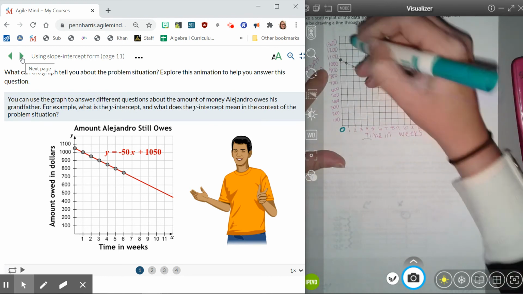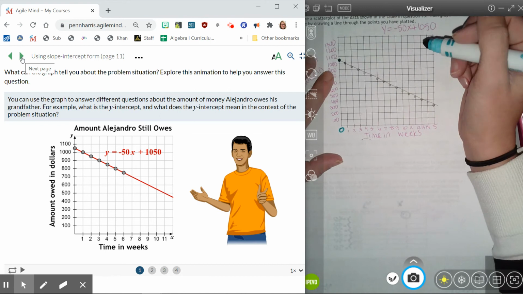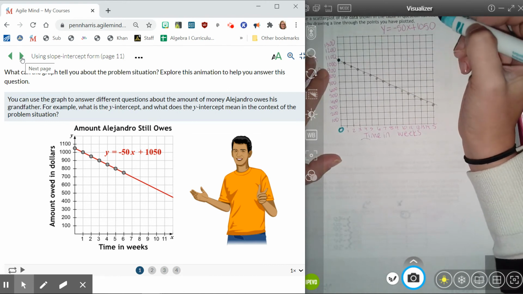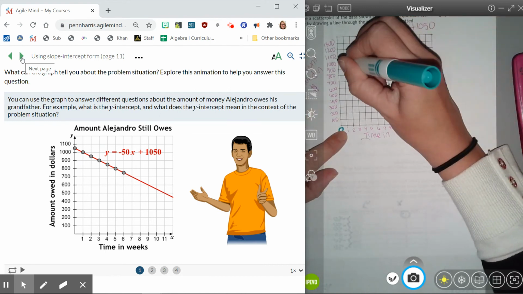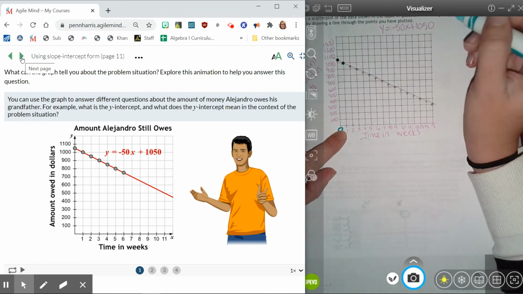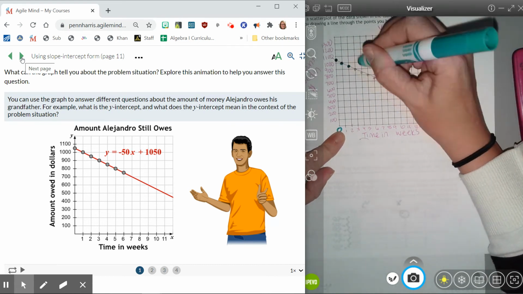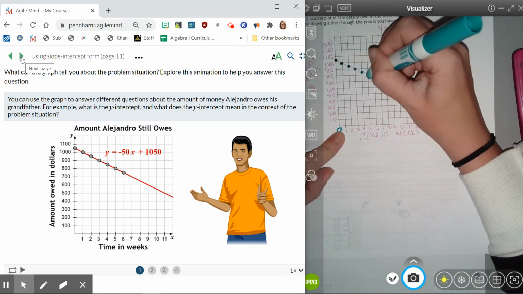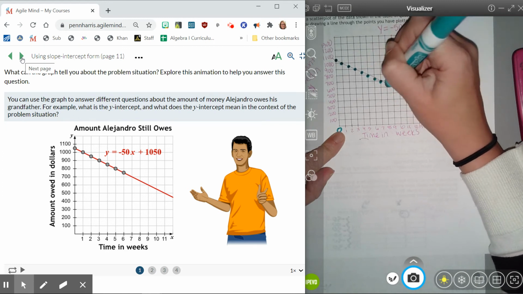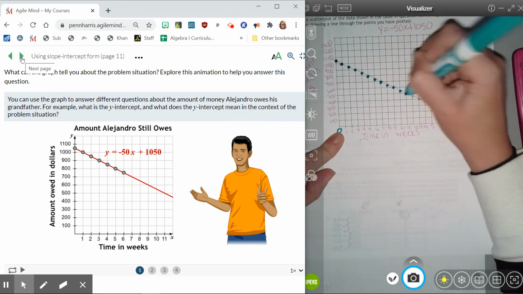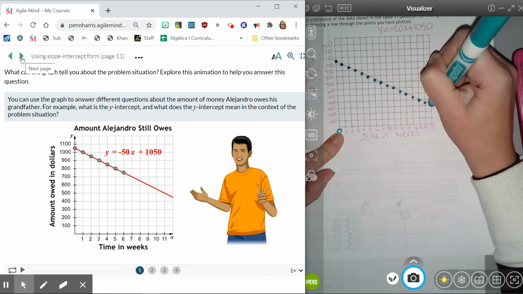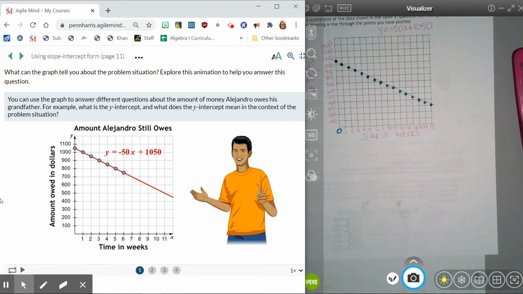After 1 week, he dropped down $50 and owed him $1,000. Drop down 50, drop down 50, and so on and so forth. Guys, just try to be as close as you can with this. So that's what our line is here.